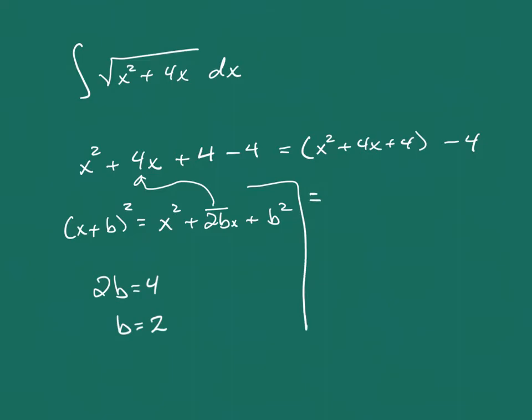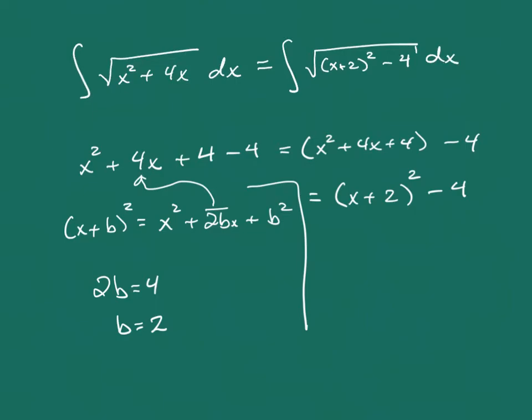Now, those first three terms are a perfect square, and we know they are actually x plus 2 squared, because that's how we chose b, so that this thing would look like x plus 2 quantity squared. And so underneath our radical, what we really have now is something that looks like the square root of x plus 2 quantity squared minus 4, dx.